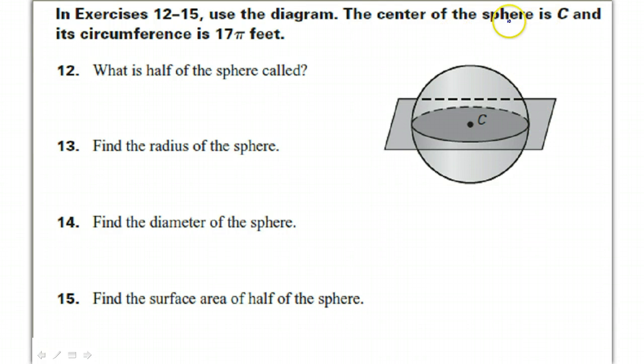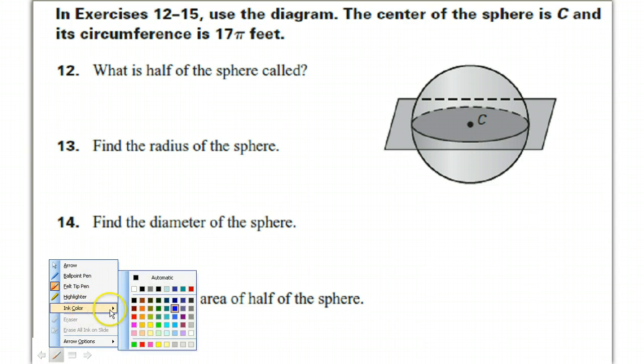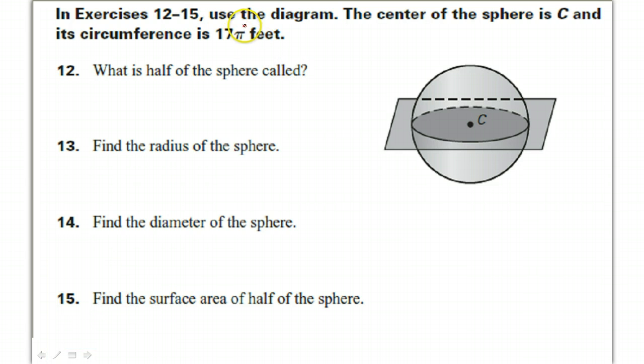The center of the sphere is C, the circumference is 17. So pay attention to what you're being given. We're told the circumference, so we're probably going to have to use that. Okay, circumference is 17. Well, first vocabulary. Jessica, what is half of the sphere called?